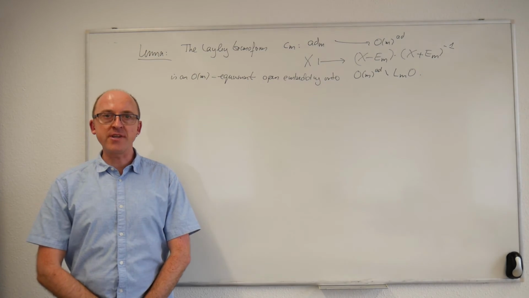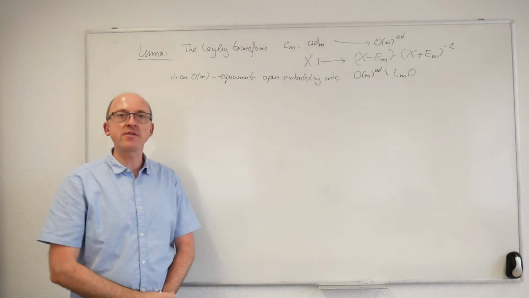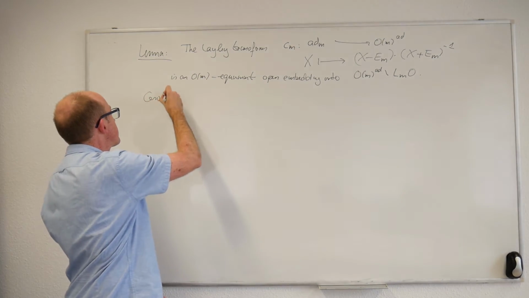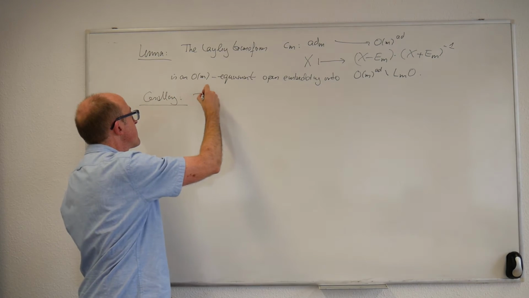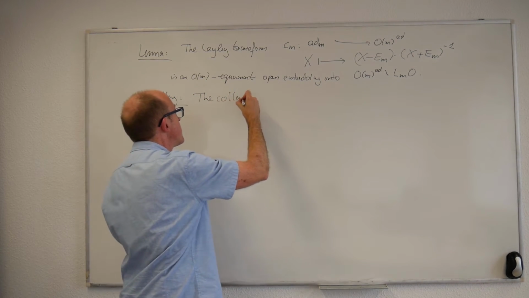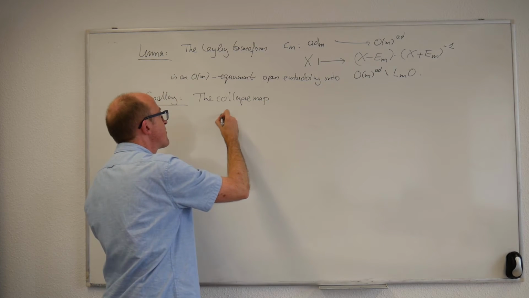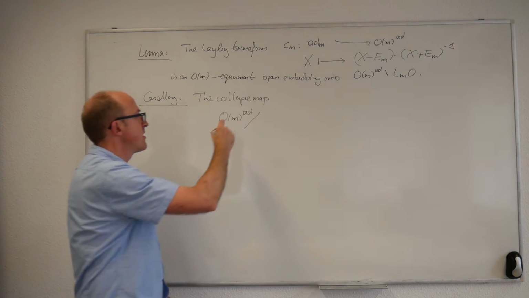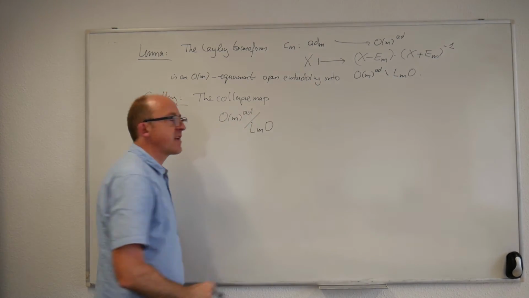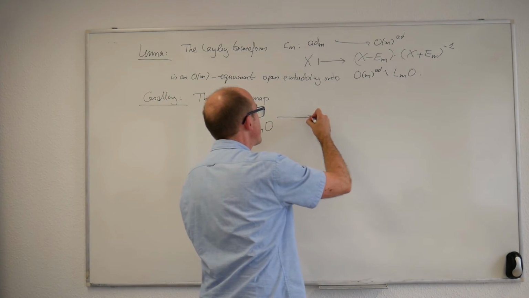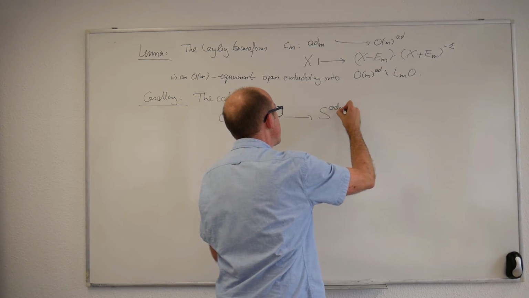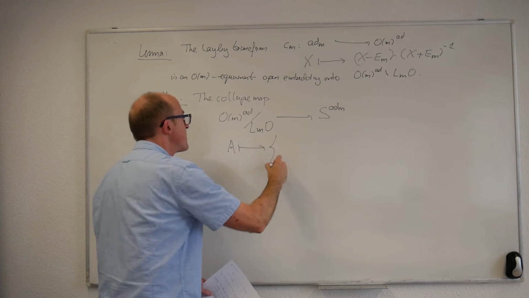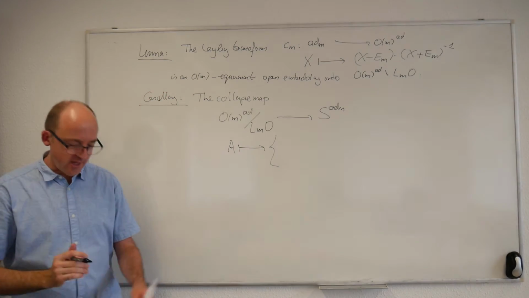An immediate corollary is that the collapse map associated to this open embedding is an equivariant homeomorphism. The collapse map starts from O(m) with its adjoint action, divided out, so the quotient space by the L(m) space, to the one-point compactification of a_m. And this map sends a matrix either to the inverse that we've explicitly seen what it looks like in the proof.